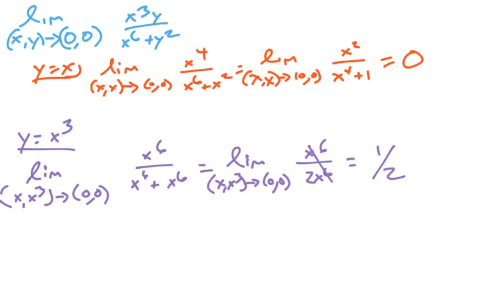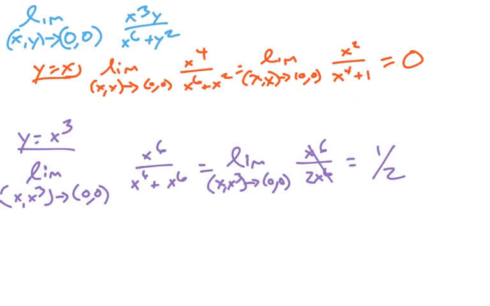This is another common trick to show that the limit doesn't exist, if you can structurally change the expression between the two cases. Here I had a binomial on the bottom, and here I made it a monomial.